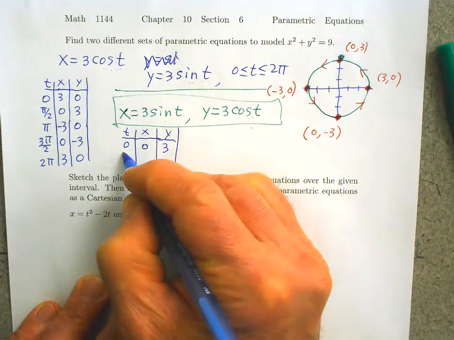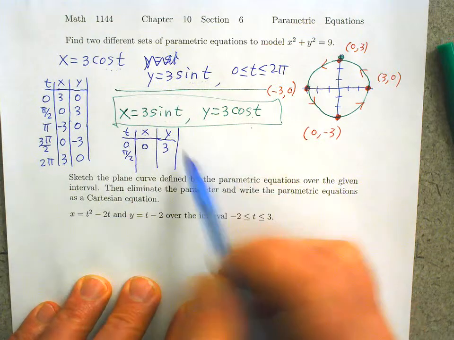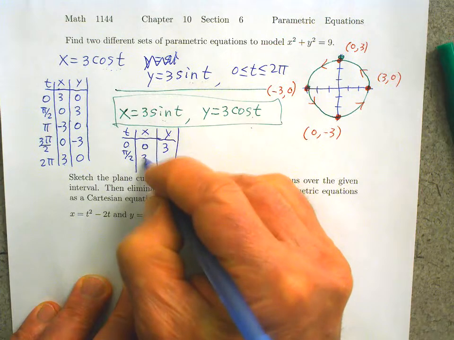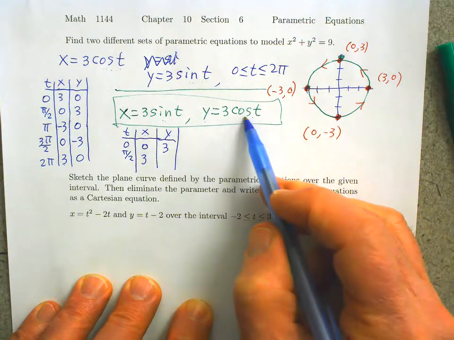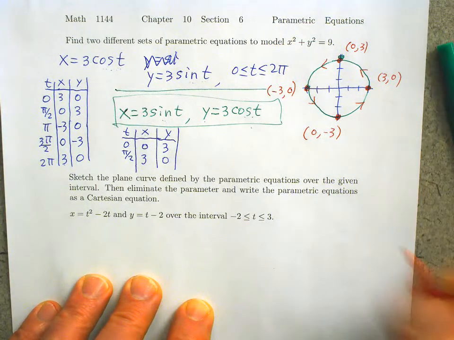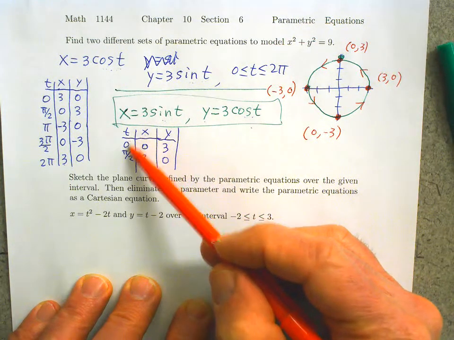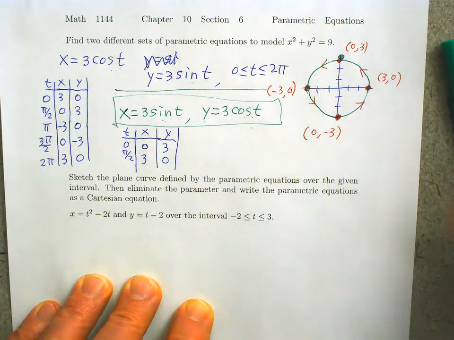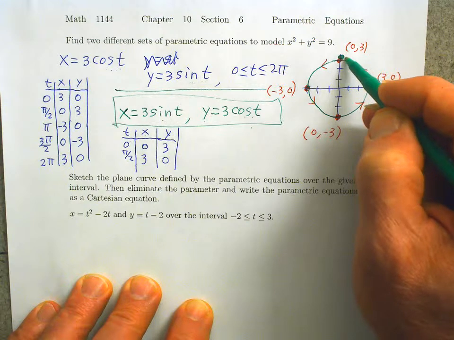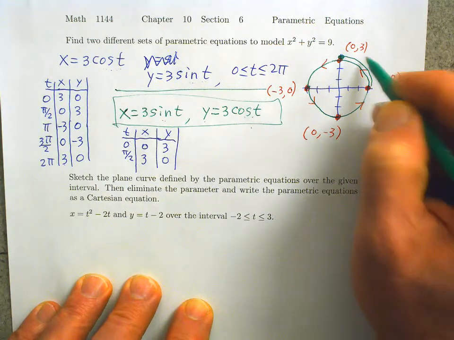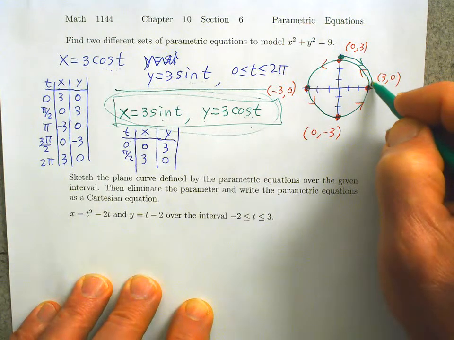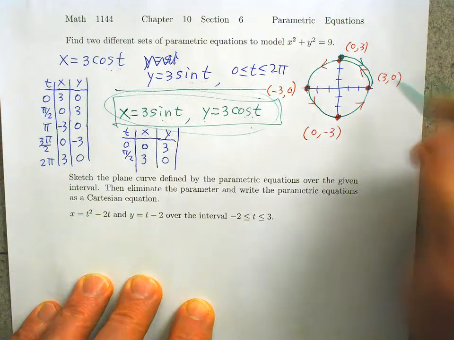So if we pick t to be pi over 2, well, sine of pi over 2 is 1. 3 times 1 is 3. And cosine of pi over 2 is 0, so 3 times 0 is 0. So when we go from t equals 0 to pi over 2, the curve on the circle goes from 0, 3 to 3, 0. So for this parameterization, we have a clockwise direction or orientation.